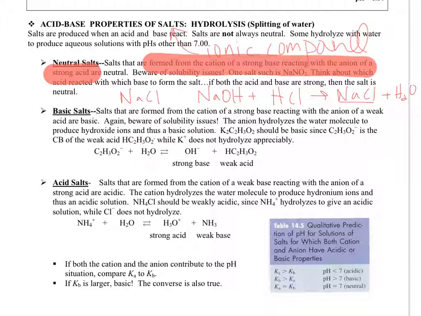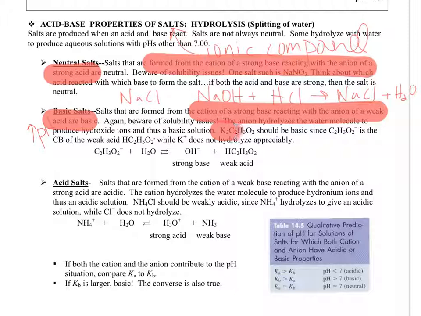A basic salt is going to increase the pH. And it is formed from the cation of a strong base and the anion of a weak acid. For example, K2C2H3O2.